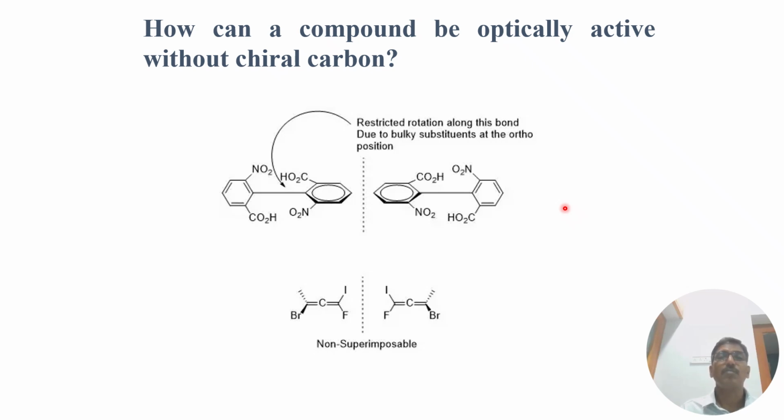Later on they came across molecules like biphenyls and allenes without any stereogenic center, but still they displayed optical activity. Now the real question is, what is the criteria for a molecule to show optical activity? What are the things we are supposed to consider in order to rule out that the molecule is optically inactive?